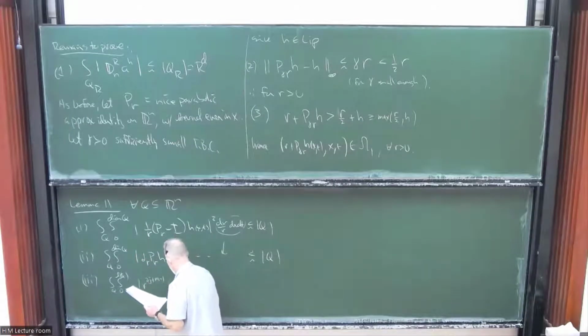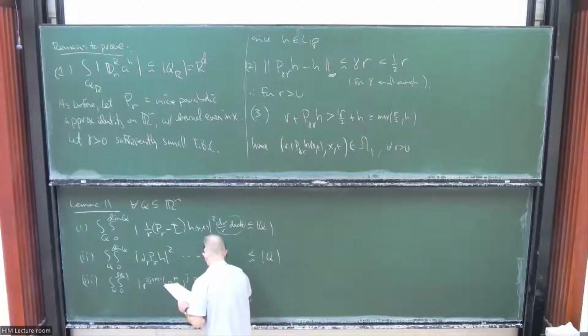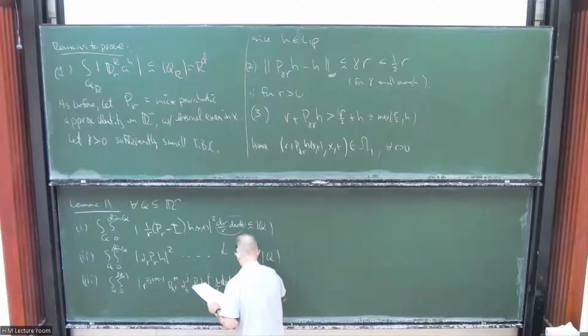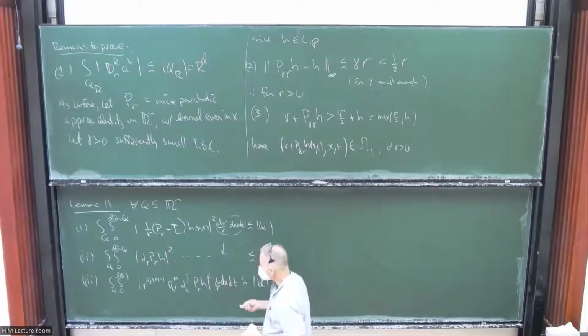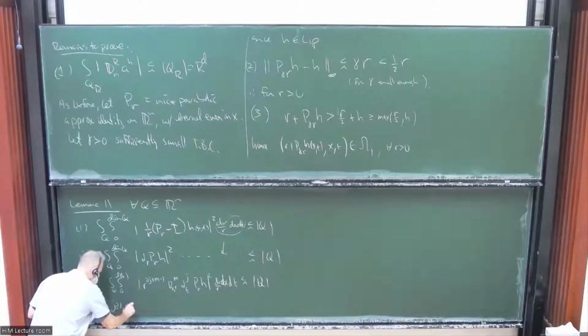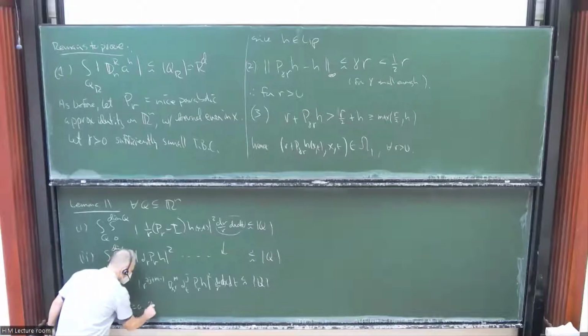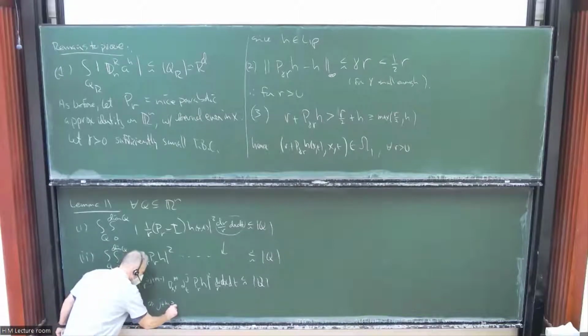If we have any number of derivatives applied to PR of H, dr over r, dx, dt, again, this will be less than or equal to the measure of Q, provided that either j is bigger than or equal to 1 and m is bigger than or equal to 0, these are integers, of course, or j plus m is at least 2.